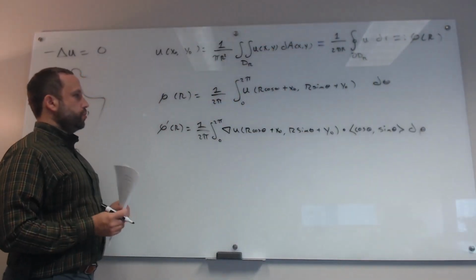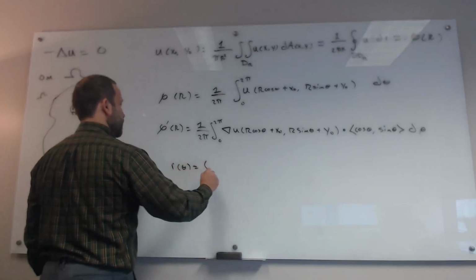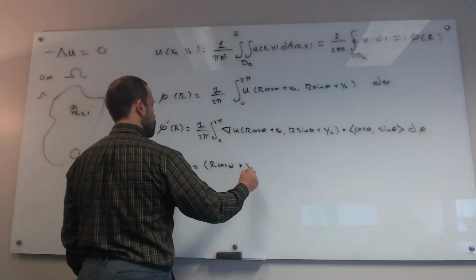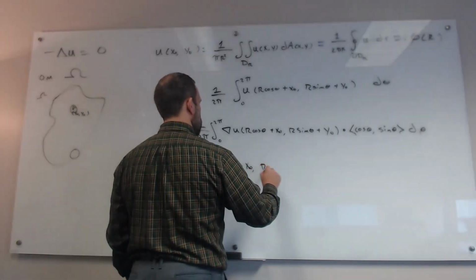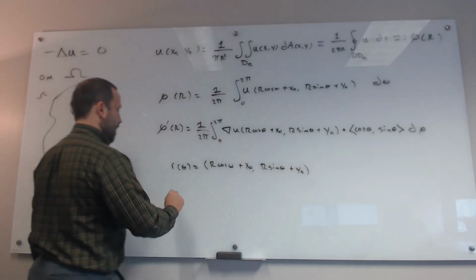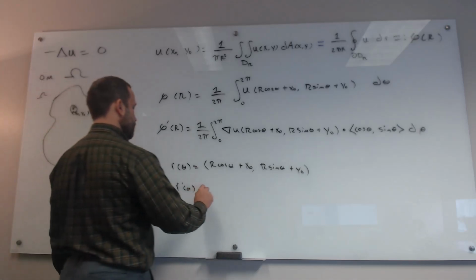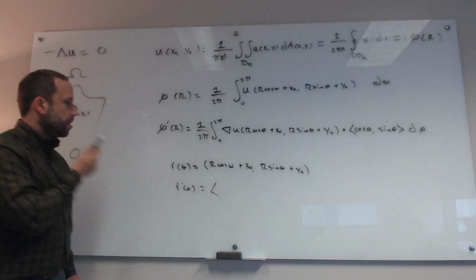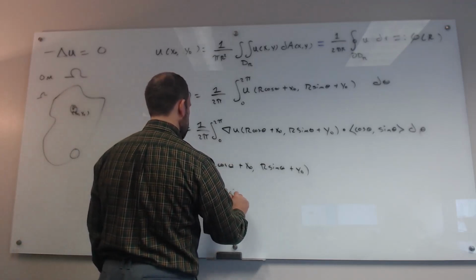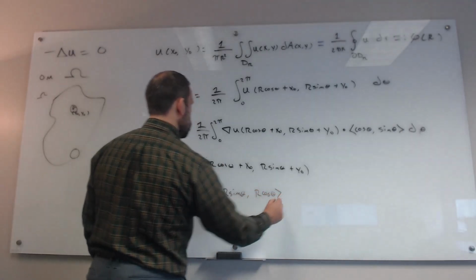Now, I want you to observe something here. So r of theta is equal to r cosine theta plus x naught, r sine theta plus y naught, and the derivative of r, which is the tangent vector, taking the derivative with respect to theta, is going to be minus r sine theta, r cosine theta.